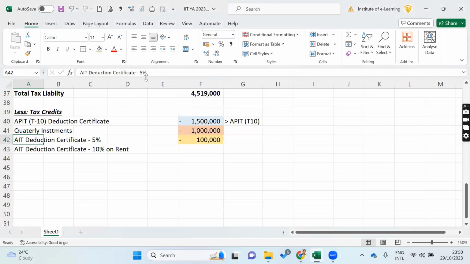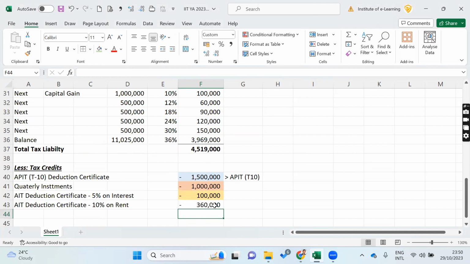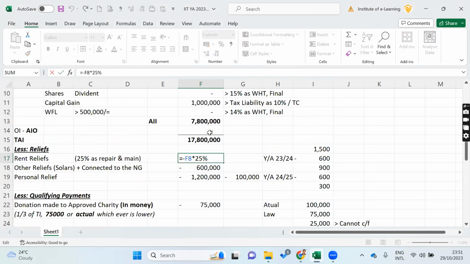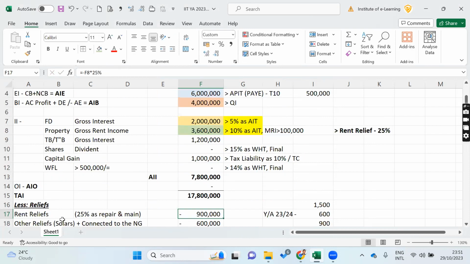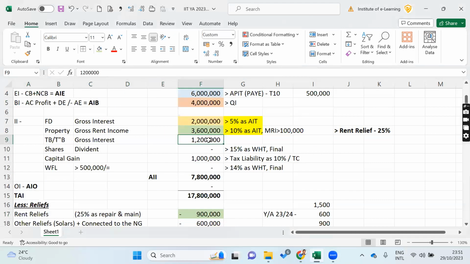Here you can take this one into 10%, right? We have taken rent relief here, as well as we took the tax credit, right? Then the next one is what?